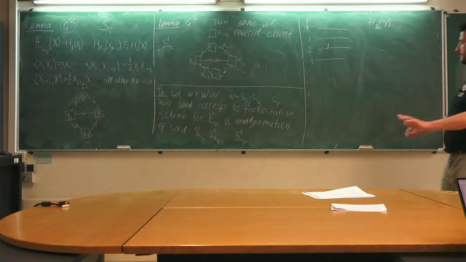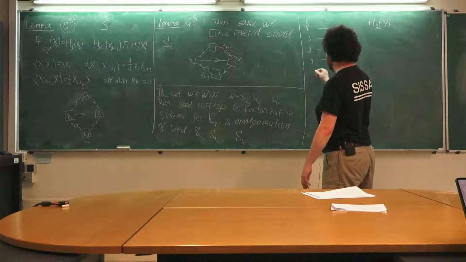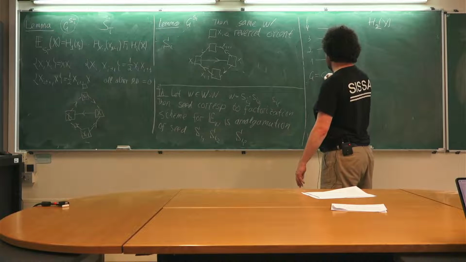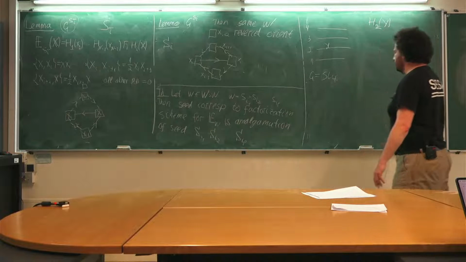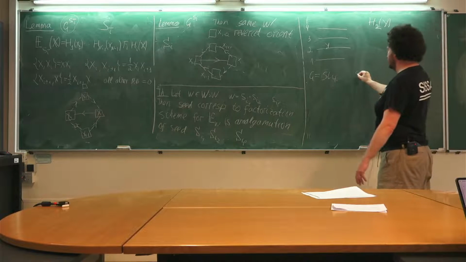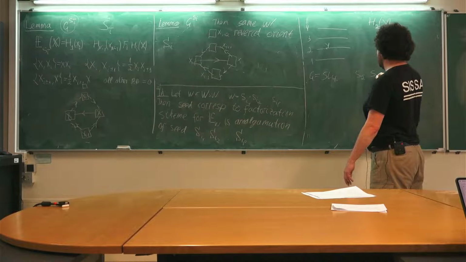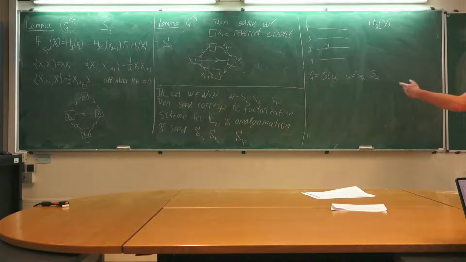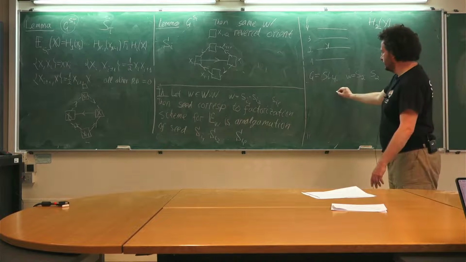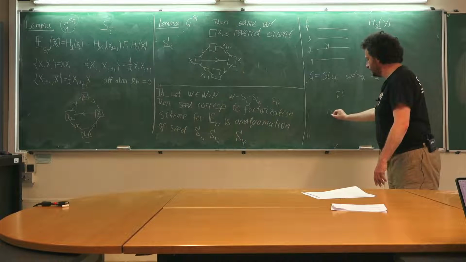So, for example, let's take g equal to SL4 and consider something like S2 bar S2 W. Then the S2 bar quiver would be as I wrote it.